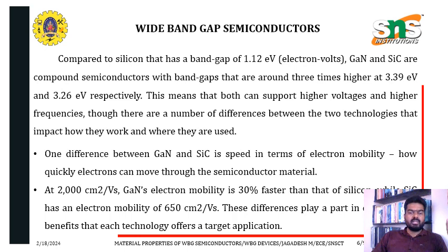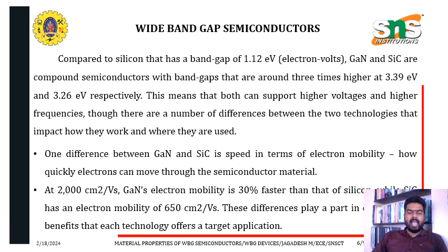Compared to silicon, which has a band gap of 1.12 electron volts, gallium nitride and silicon carbide are compound semiconductors with band gaps around 3 times higher, at 3.39 and 3.26 electron volts respectively. This means both can support higher voltages and higher frequencies, though there are a number of differences between the two technologies that impact how they work and where they are used.